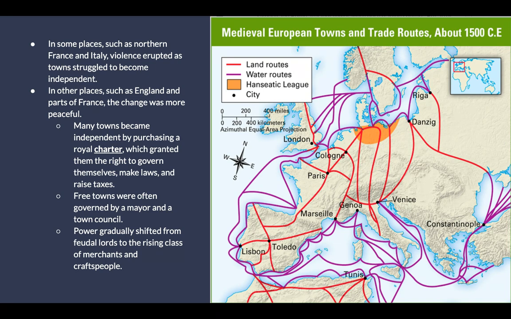That granted them the right to govern themselves, to make laws, and raise taxes. Free towns were often governed by a mayor and a town council. So power gradually shifted away from the feudal lords to the rising class of merchants and craftspeople, those people that were busy gaining wealth because of their new proximity to trade routes, to port cities, to various waterways as well.